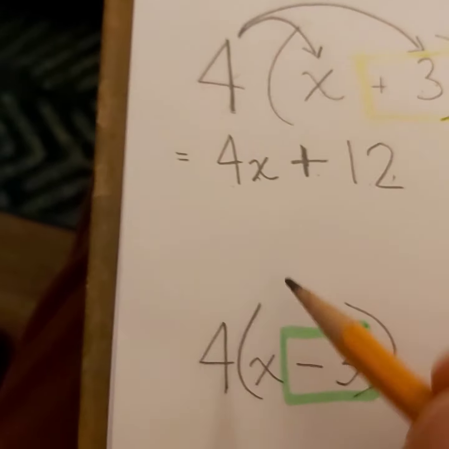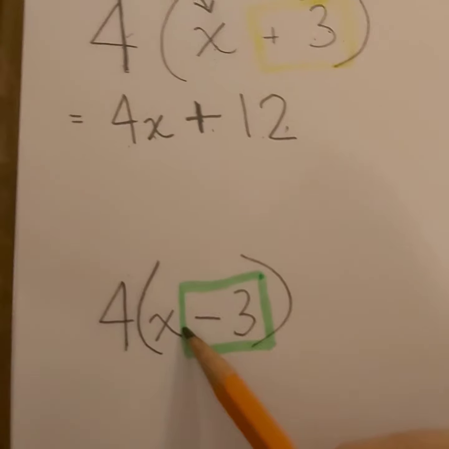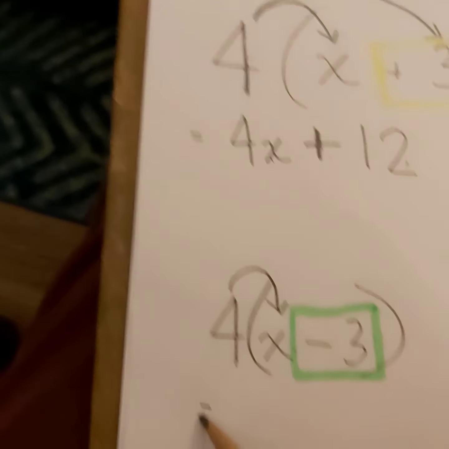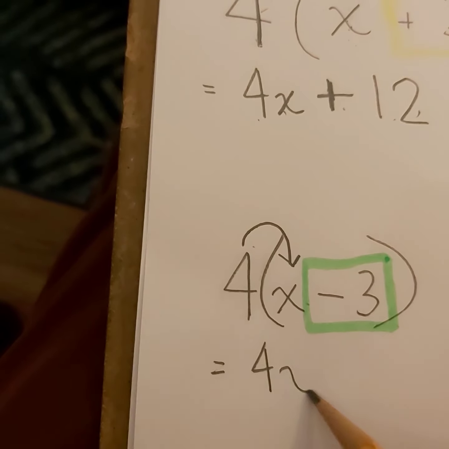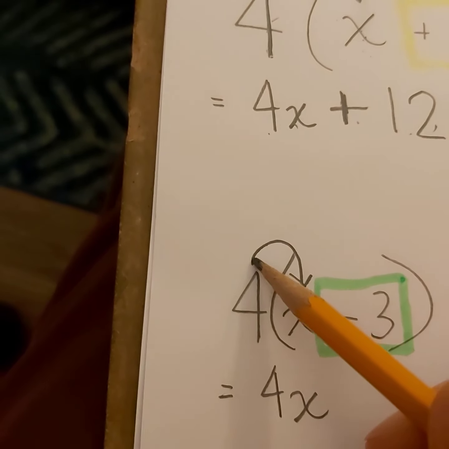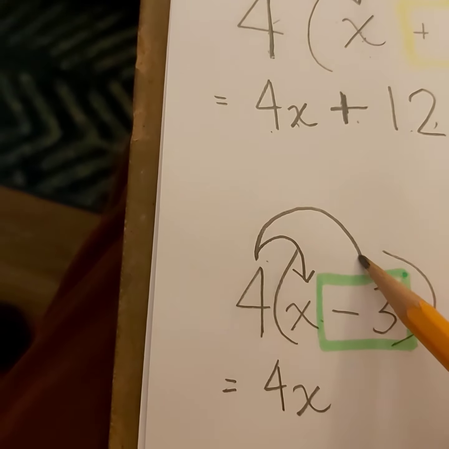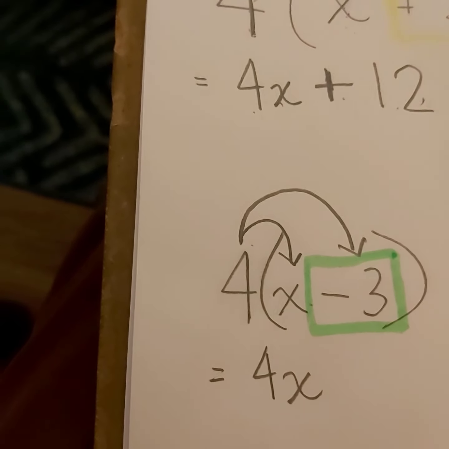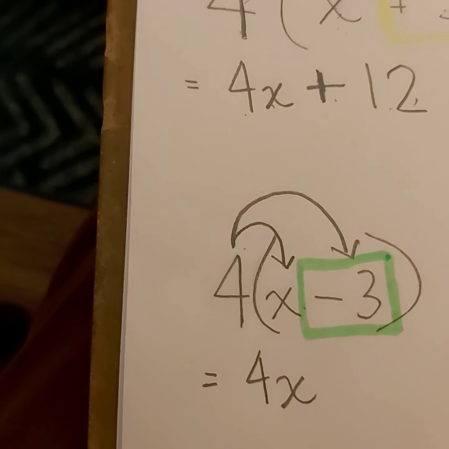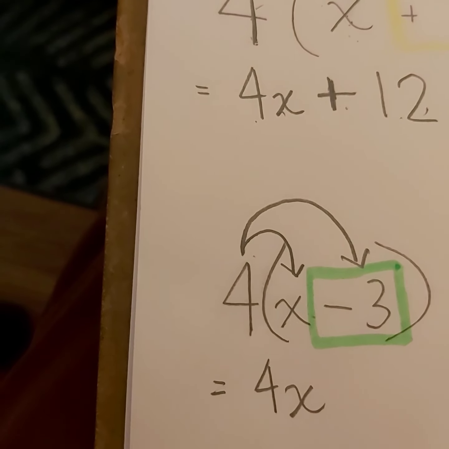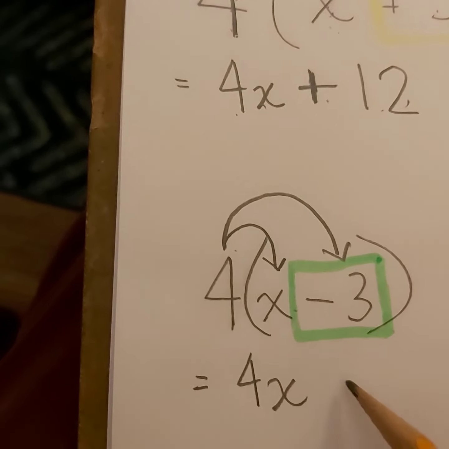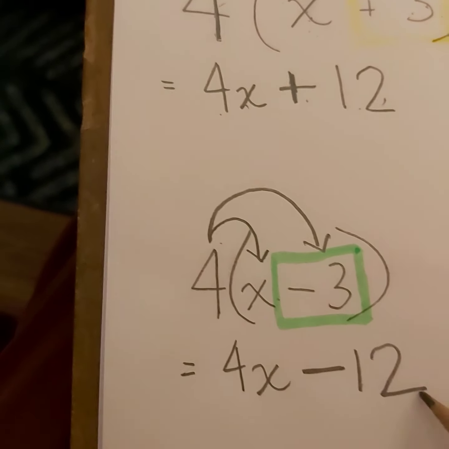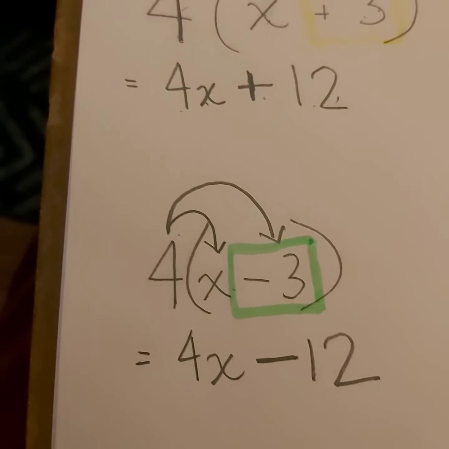So following the same process, 4 times x is the first step I would follow. So underneath I would say equals 4x. And then I need to multiply 4 times negative 3. Okay, so I know that a negative number times a positive number is going to have a negative answer. So I'm going to have minus 12 as my answer.